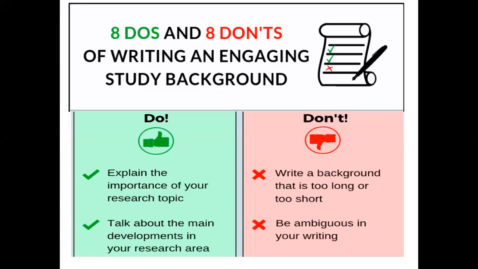In the background, we talk about the main developments in the research area that we are going to investigate. So once again, what has been done will show the development. In the background, you should not be ambiguous about your writing. Usually, if you are not able to summarize whether the previous findings are similar to or different from one another, then you will be ambiguous about that.